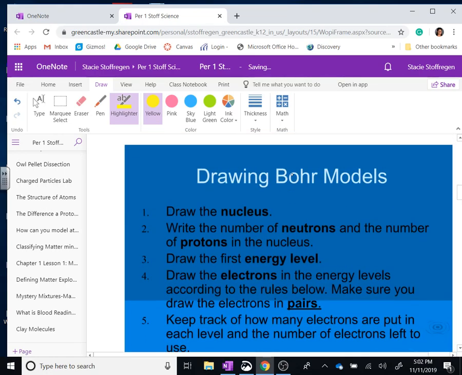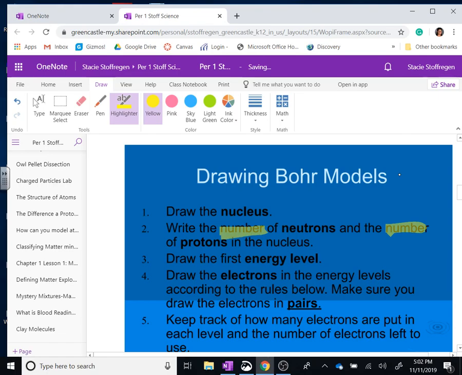So first of all, when you make this model, you always draw the nucleus. So we know that the nucleus contains the neutrons and the protons, but we need to be able to write the number of neutrons and the number of protons in that nucleus. So again, we're going to be using the atomic number a lot and the atomic mass.